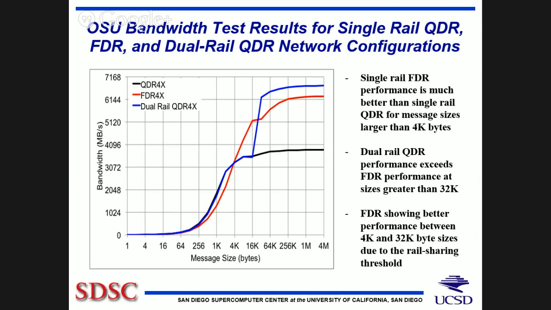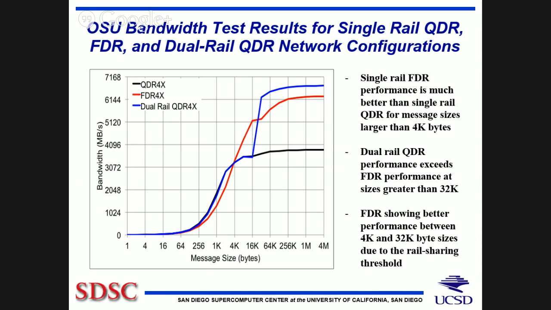So the single rail, of course, FDR is much better than the single rail QDR as expected. The dual rail QDR actually does a little bit better than the FDR performance at the larger message sizes. But of course, you can see out here near the 16K region, FDR is doing much better. And that jump essentially is the threshold for the dual rail sharing.